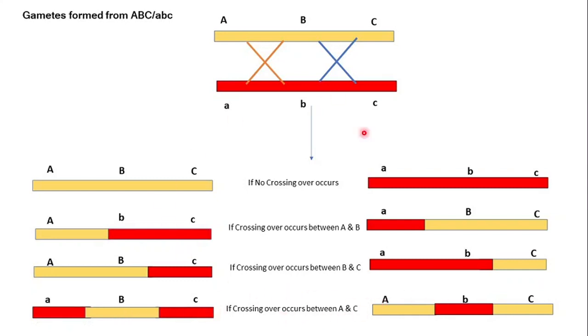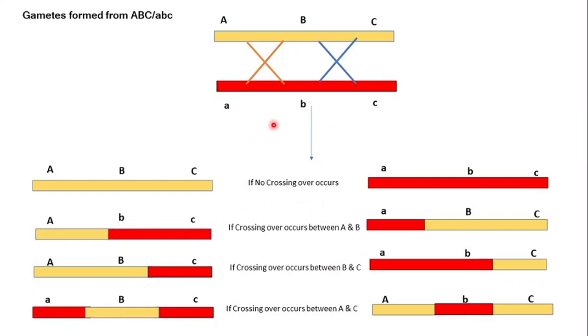So, as per Mendel's law of inheritance, law of independent assortment, trihybrid test cross ratio, frequency of formation of these gametes is 1 is to 1 is to 1 is to 1 is to 1 is to 1 is to 1 is to 1.